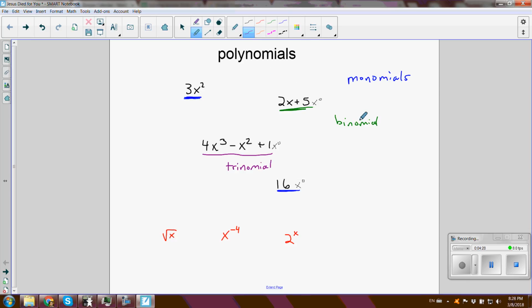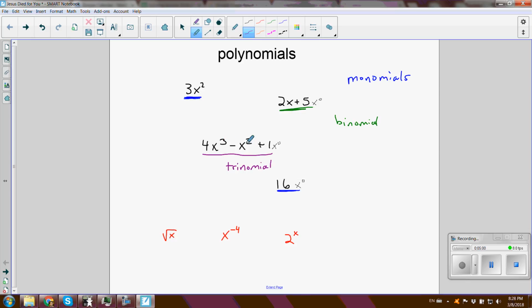We got monomials, binomials, trinomials, and understanding that a polynomial is basically a group of monomials added together. A monomial is a polynomial itself, but you add a bunch of monomials together with different powers of x, and you've got a polynomial with more than one term.